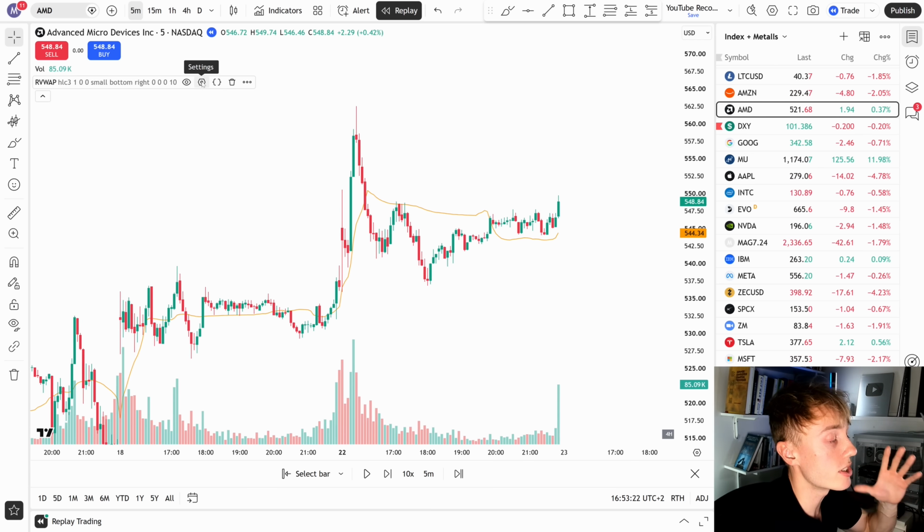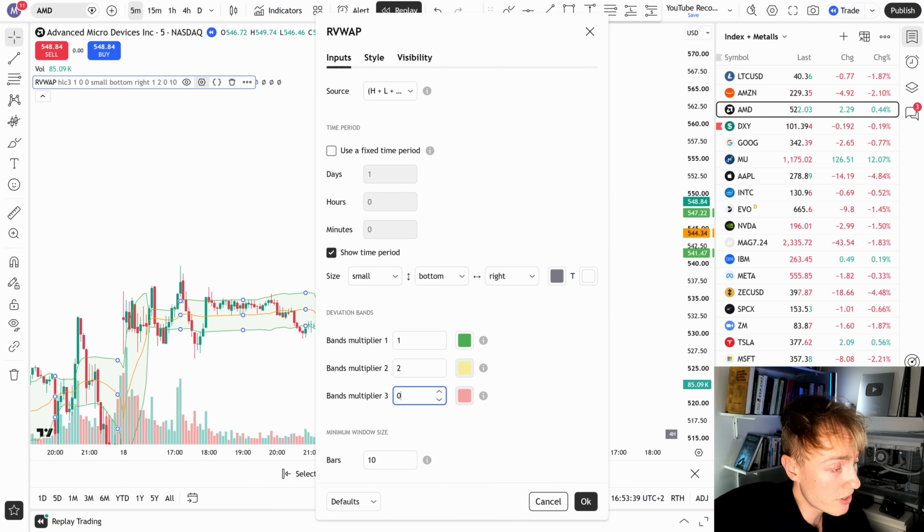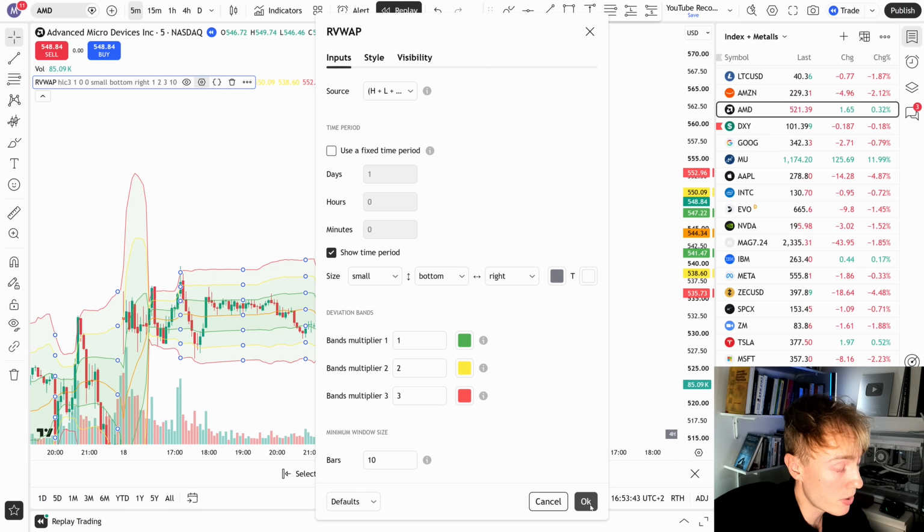To do that, we want to go to the settings tab right here, and then we need to change the multiplier of the bands. For some reason, they are not available on the standard settings. I don't know why. But the normal way is to have one standard deviation on band number 1, 2 standard deviations on band number 2, and 3 standard deviations on band number 3.